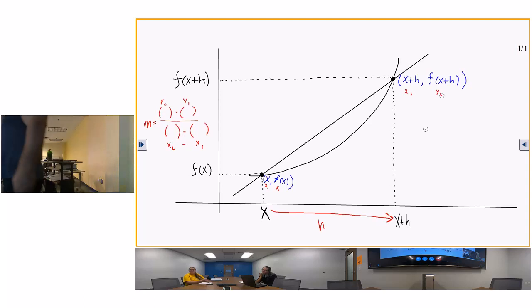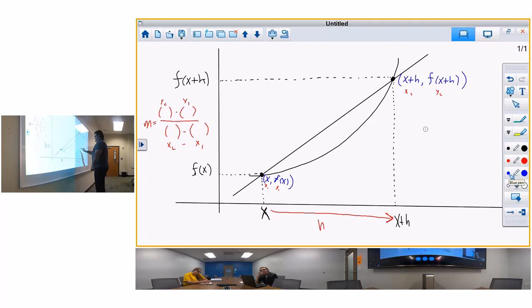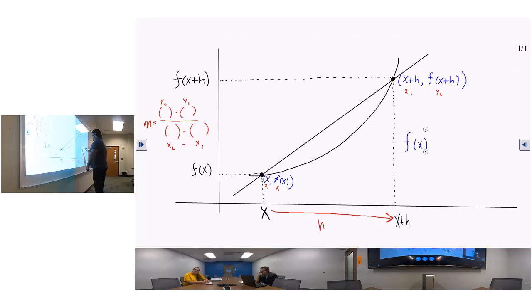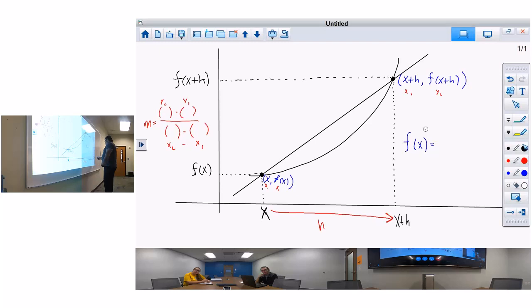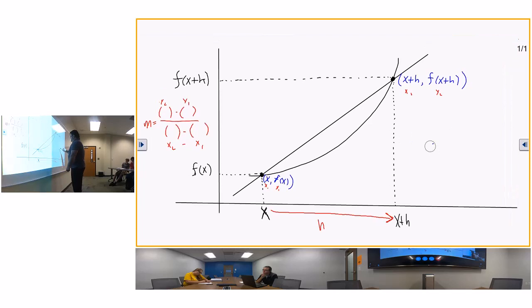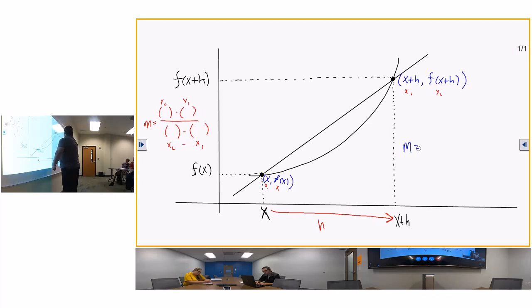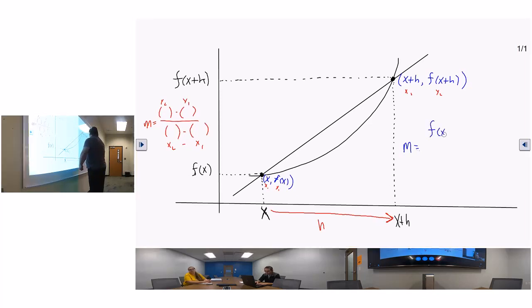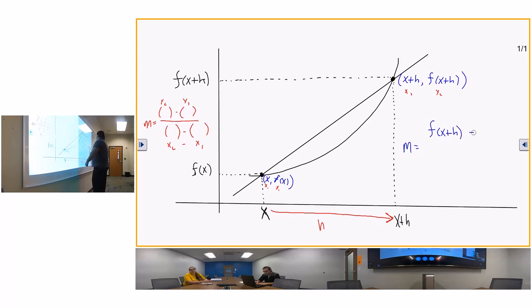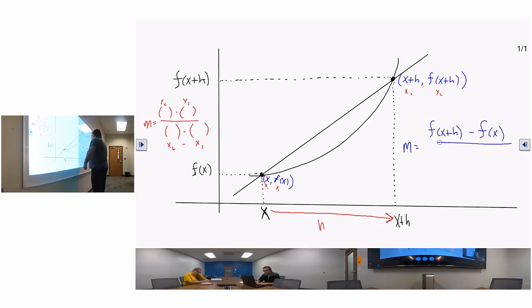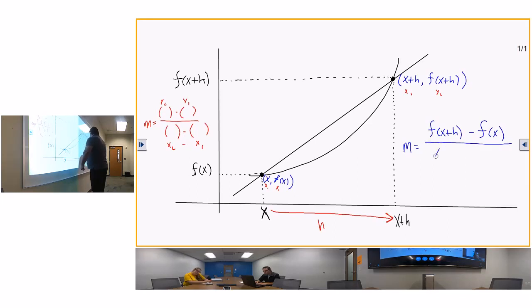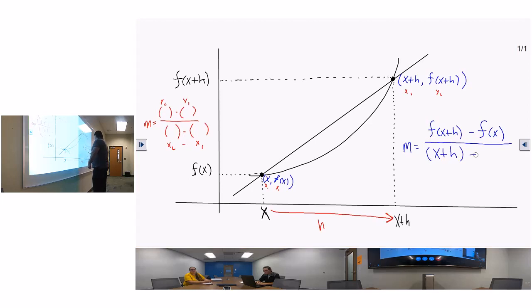All right. So I'm going to plug it in, and this is what we get. m is equal to f of x plus h minus what? f of x, over x plus h minus what?